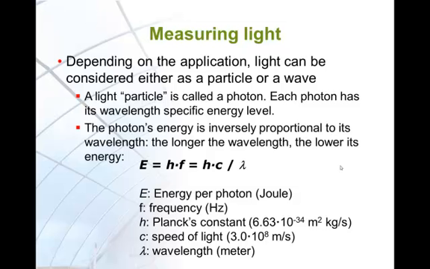That energy level can be computed using this equation, showing that its energy is inversely proportional to its wavelength. That's why wavelength is in the denominator to express the energy level per photon.